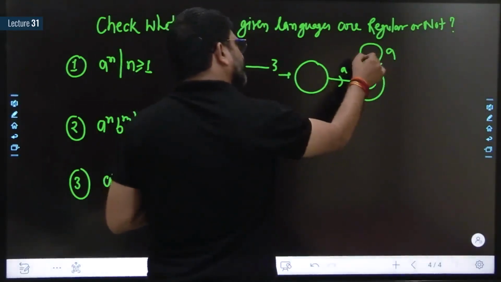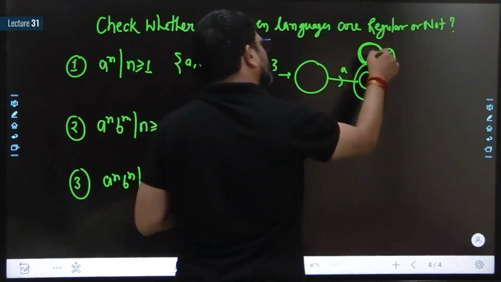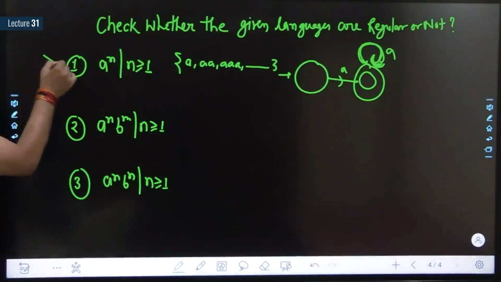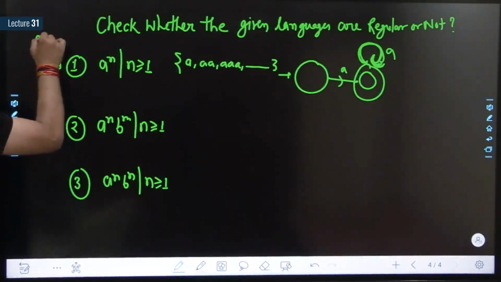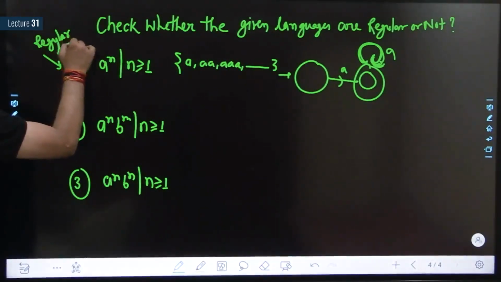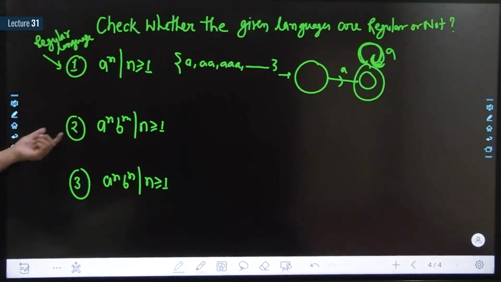So we find the common pattern, so we do the loop on the state. Clear? That's why this one is a regular language. Clear? Now check this. Is this regular or not? Please check.